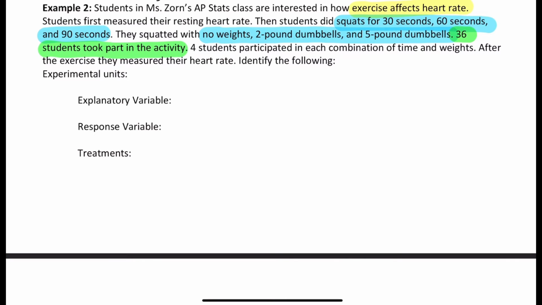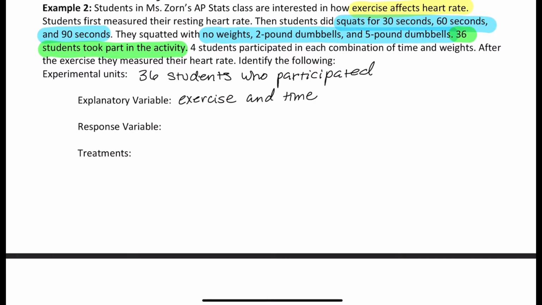So again, the experimental units are just the people receiving the treatment. So these are the 36 students who participated. That explanatory variable, that independent thing we're looking at here, is exercise and time, with the squats and the amount of time they did them. That response variable, so the effect we're looking for, is the heart rate.